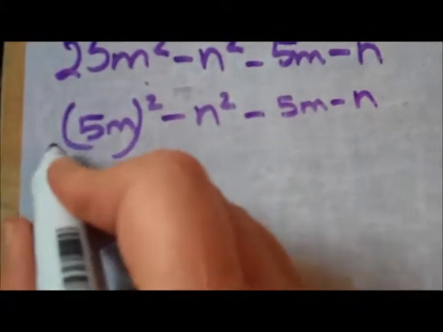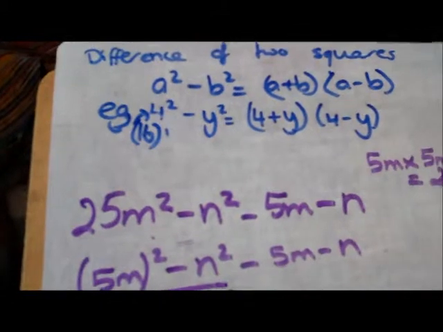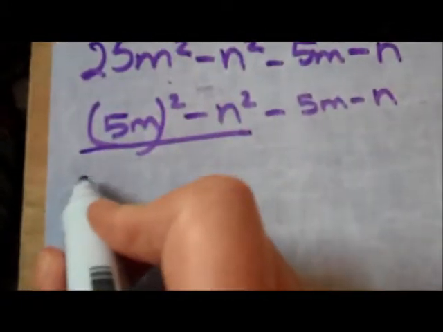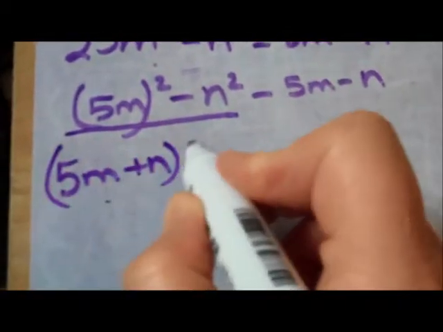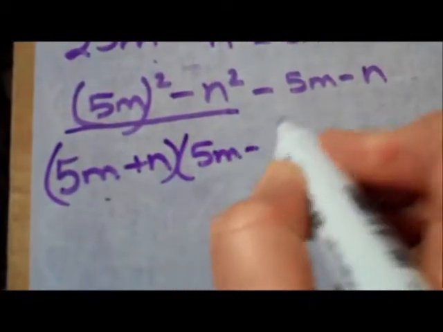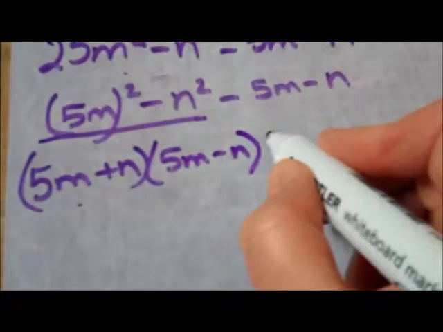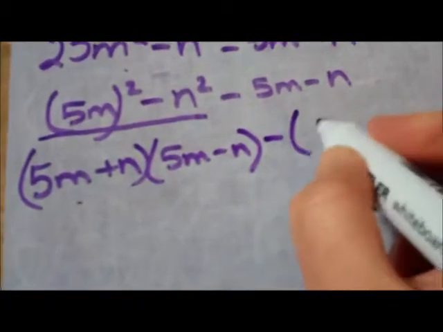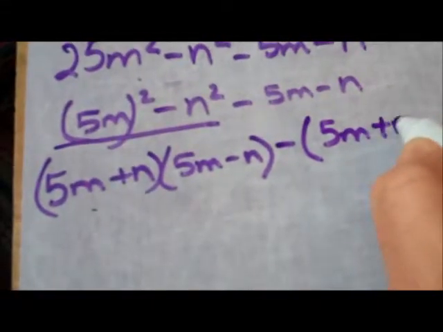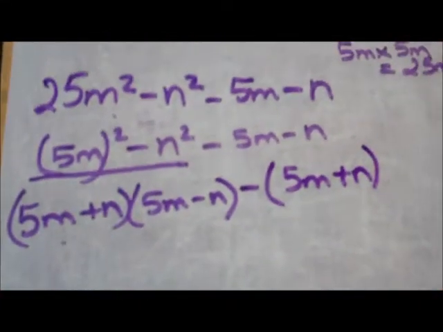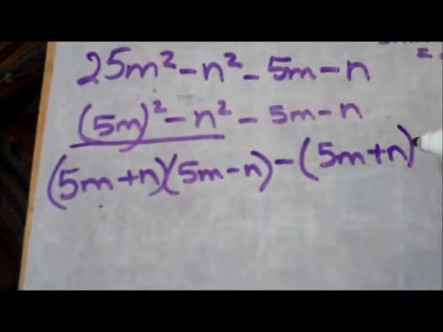So this here is a difference of two squares yet again, just as we had in the previous example. So I'd have 5m plus n, 5m minus n. Let me take out a minus 1 here, and I would have 5m plus n as well, because this would give me minus 5m minus n.